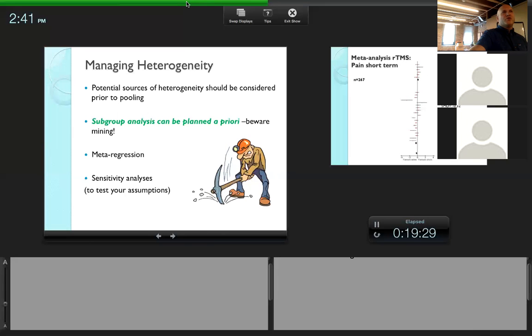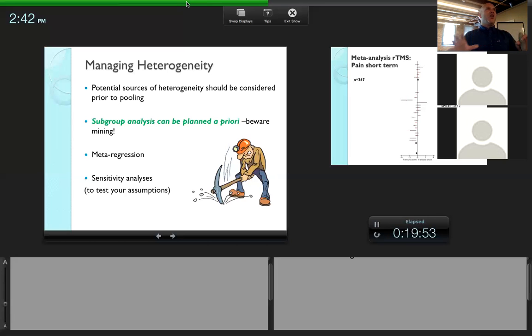So what you can do in your protocol is decide which the important ones are and operationalize a way to explore heterogeneity by those characteristics. So you might say, if we're doing chronic pain, that I think my intervention will work differentially for people with central neuropathic pain compared to people with peripheral neuropathic pain compared to people with non-neuropathic pain.